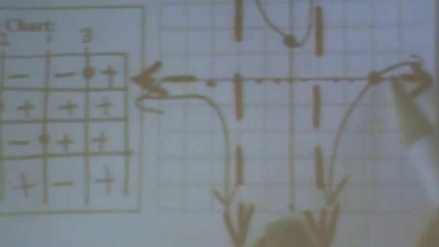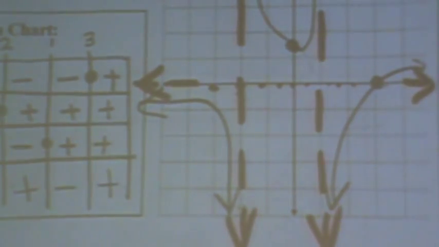So what's happening is, if you had to see these y equals 0 asymptotes, this is going to cross over here, and then it follows itself along the x-axis.